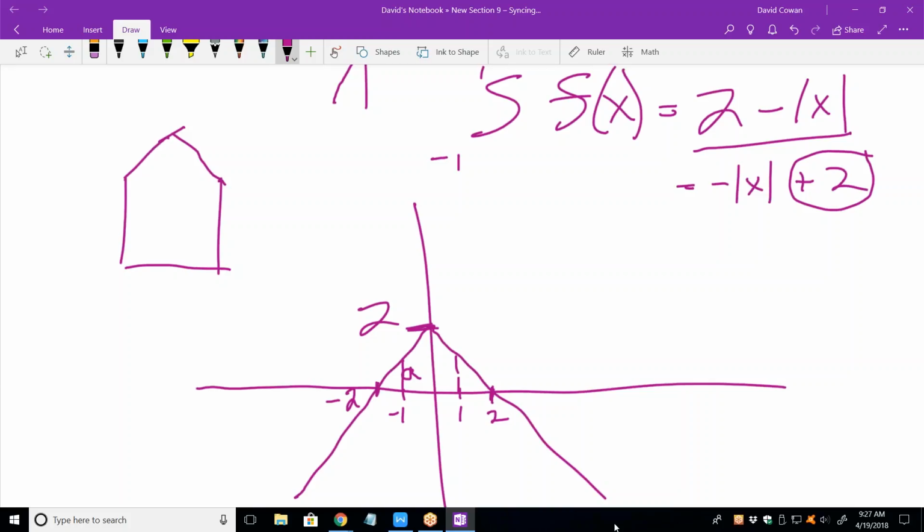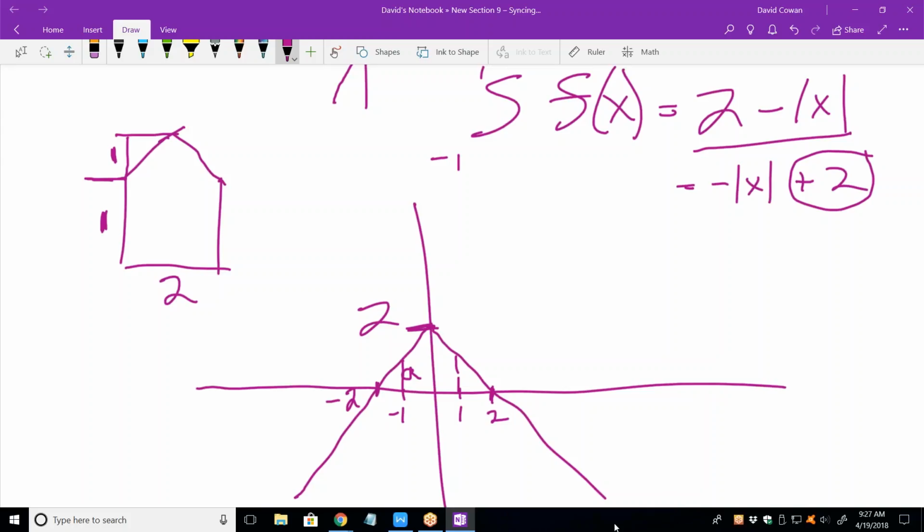Okay. This base is what? A distance of 2. This height is a distance of 1, and this height is a distance of 1. See how I get all those?